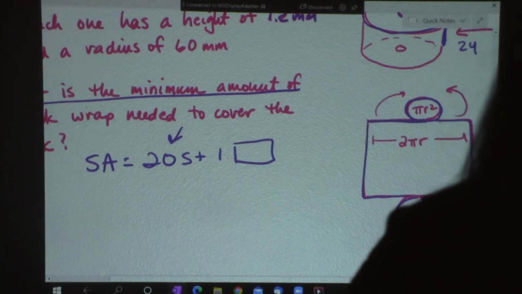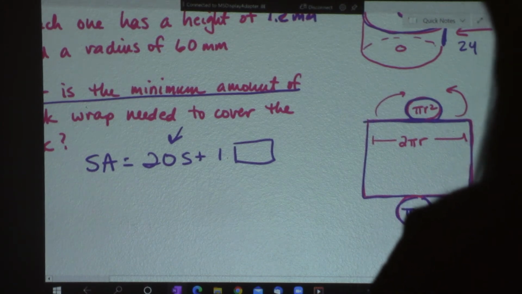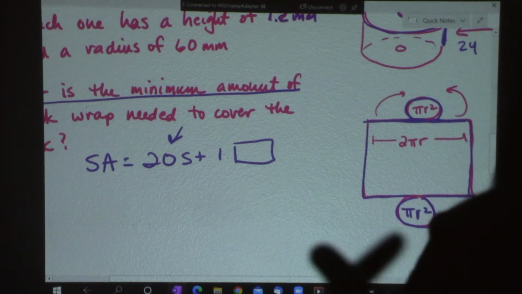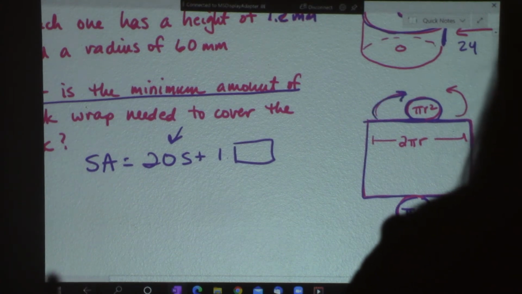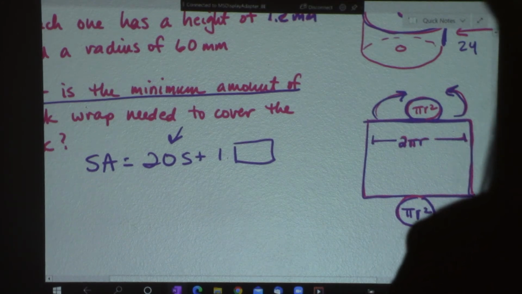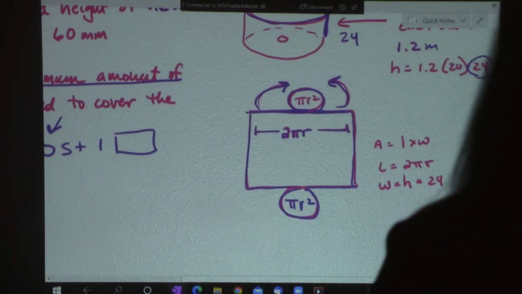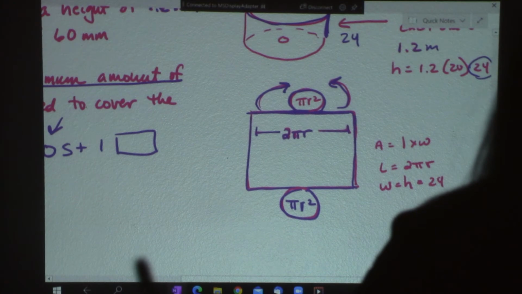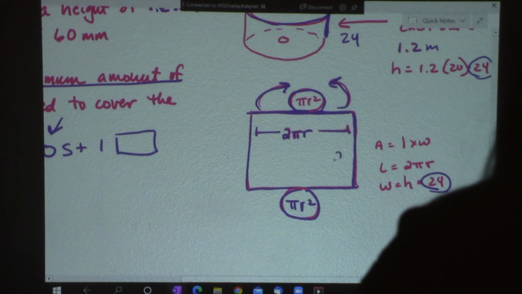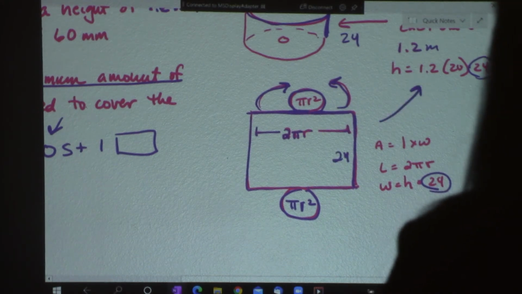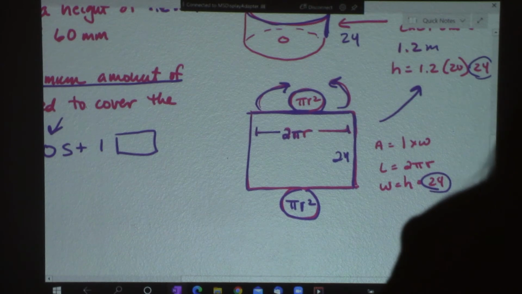How do I find this height? Well, if it's a cylinder, this rectangle would wrap around the cylinder. So the length up here on the top is the circumference of the circle. And we already found that the width is 24, from up here, where we had 20 discs that were 1.2 millimeters each.